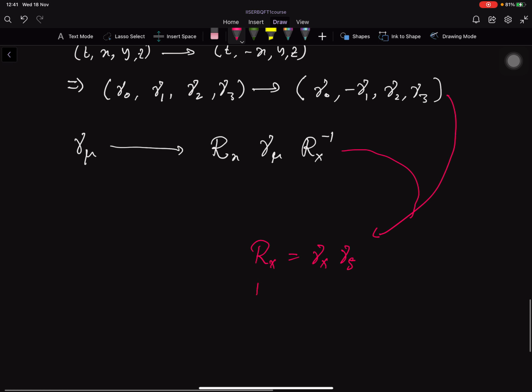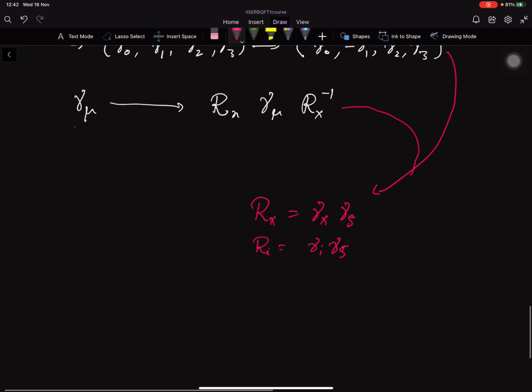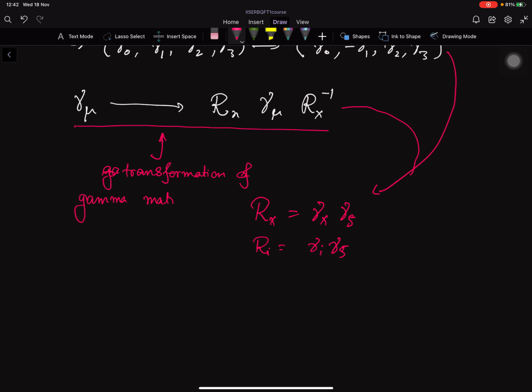And in general, if you want to do reflection along the ith direction, it will be some gamma i times gamma 5. So this is how the gamma matrices transform.